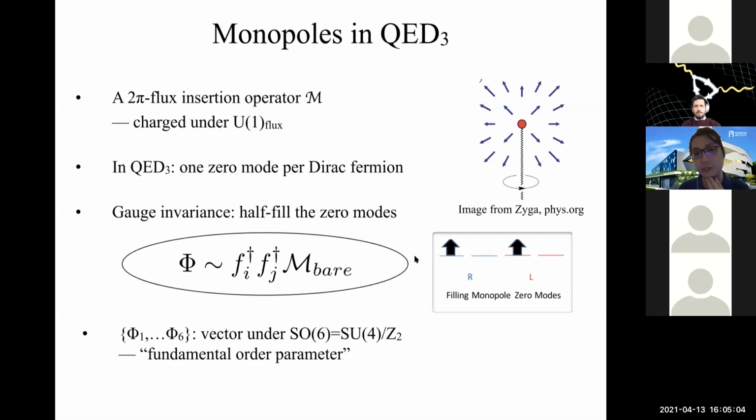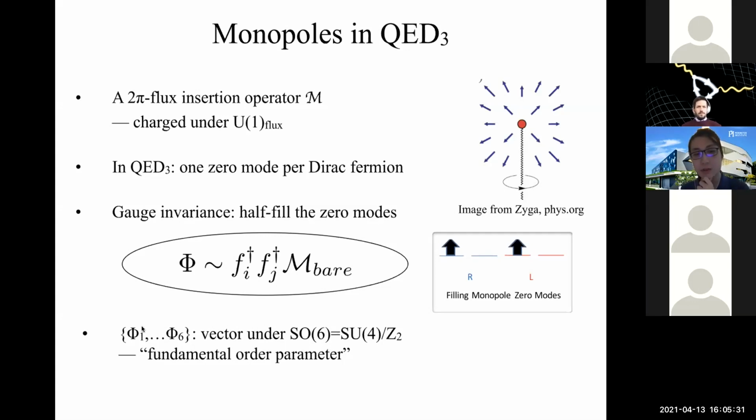So for example, in this case, we have 4 flavors of Dirac fermion. So you should fill 2 of the 4 Dirac fermions. And that gives you in total 6 different ways of having a gauge invariant monopole operator. And remember, we have 4 Dirac fermions, so the maximal flavor symmetry you can have is SU(4).